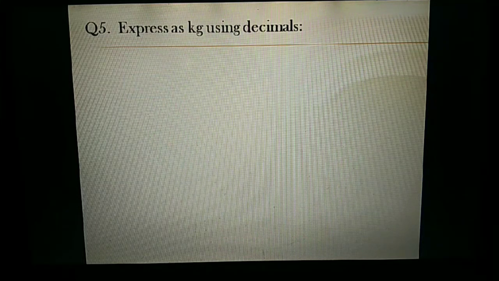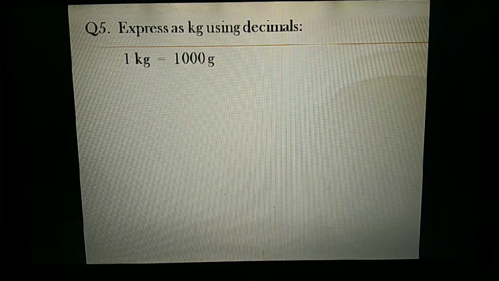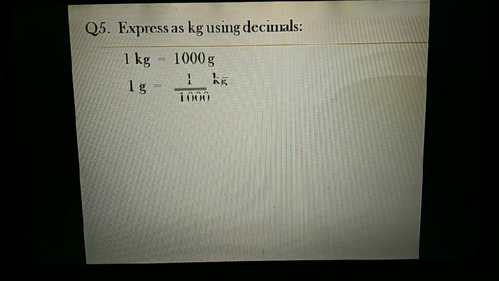Next is express as kg using decimals. Values are given to you in gram. So the relation is 1 kg means 1000 gram, or 1 gram means 1 upon 1000 kg.